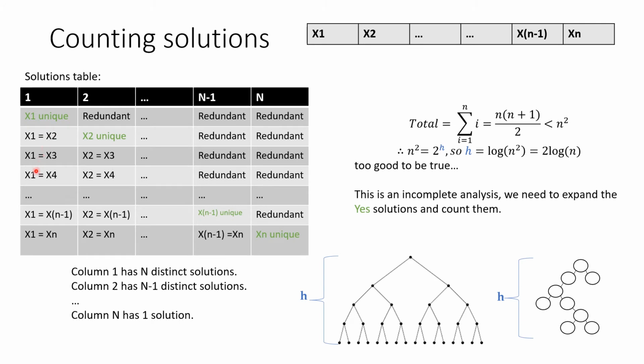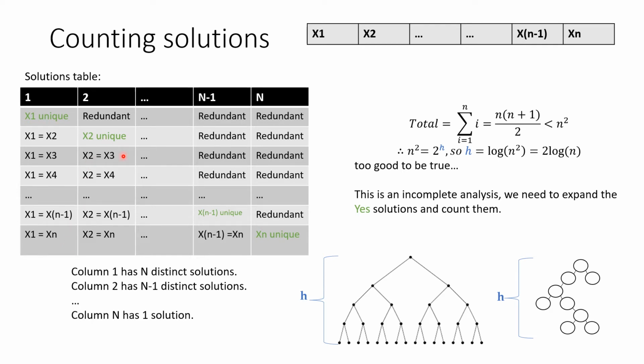Well, to answer a no, that means we have done an equals comparison that resulted in a true statement. And to reach that conclusion, it means that we have reached a leaf node for each of the possible pairs. For example, x1 could be equal to x2, or x1 could be equal to x3, so on until xn. Then we can say the same thing for x2.